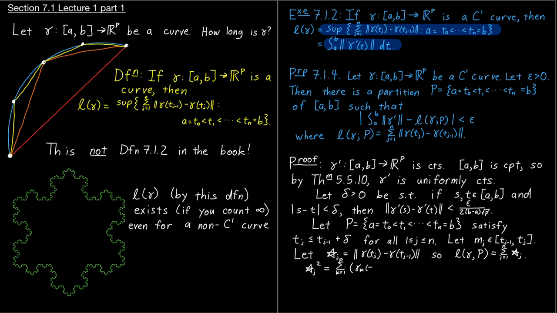So we'll write it as the sum over k of gamma k of tj minus gamma k of tj minus 1, that quantity squared, where the gamma k's are, of course, the components of gamma. So each gamma k is a function from your interval mapping into the reals.